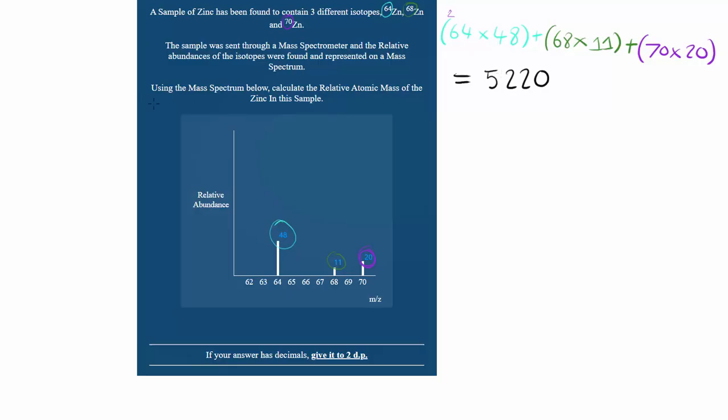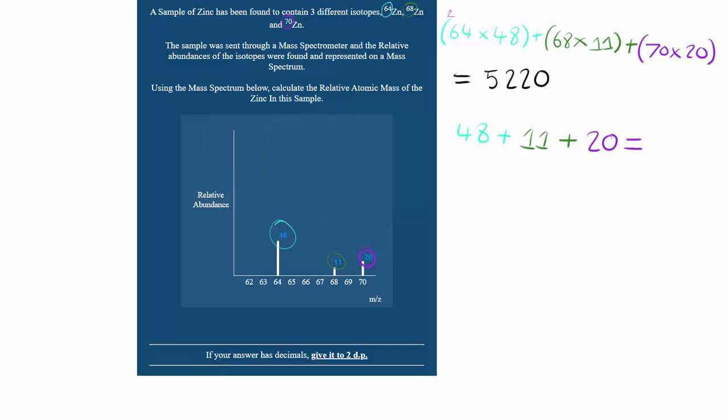So I'm going to do 48 plus 11 plus 20. If you work that out, see what you get at the end.